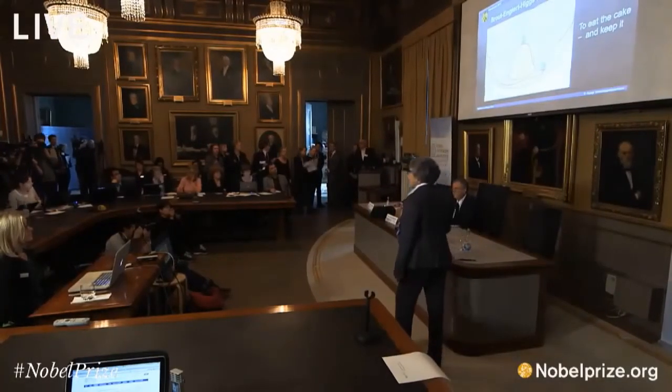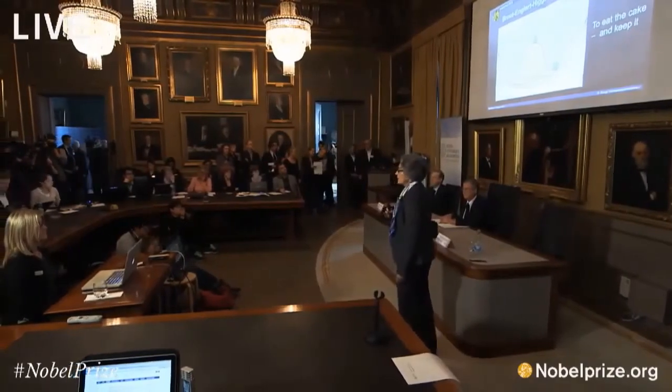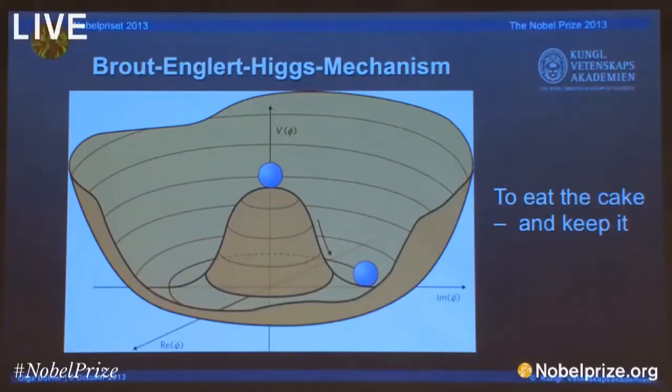Now this Mexican hat illustrates a piece of mathematics that Brout, Englert, and Higgs added into the theory to show that you could have a theory which was inherently symmetric, but where the ground state, the state of the lowest energy, did not display the symmetry. And this is what saved the standard model.